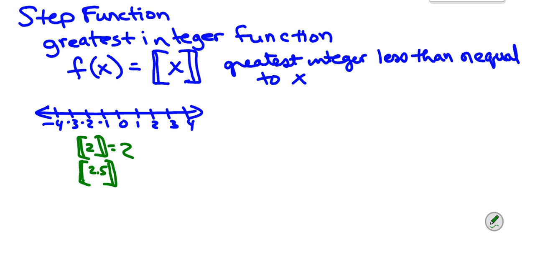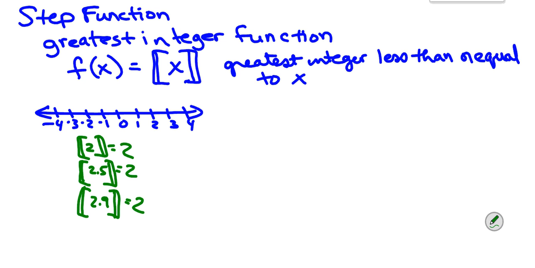And the greatest integer of 2.9? 2 again, right? It's very easy when it's positive numbers because you just drop off the decimals or any remainders.